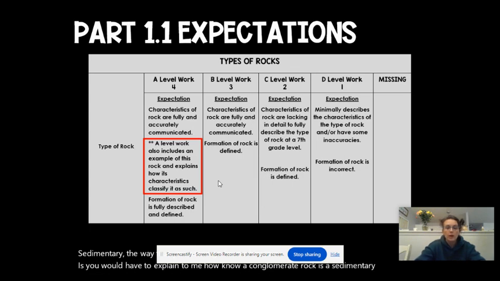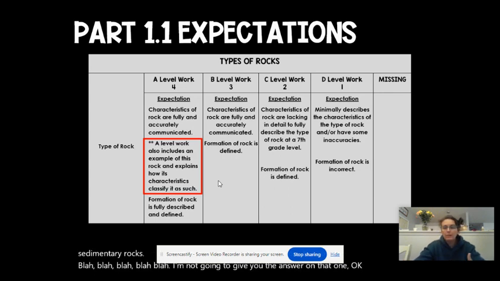In this case, B-level work would say an example of sedimentary rocks are conglomerate rocks. A-level work would add this sentence: conglomerate rocks are sedimentary rocks because blah, blah, blah. I'm not going to give you the answer on that one, okay?